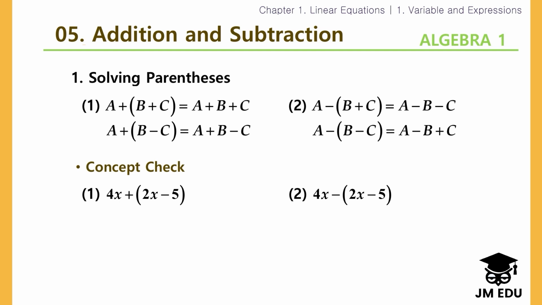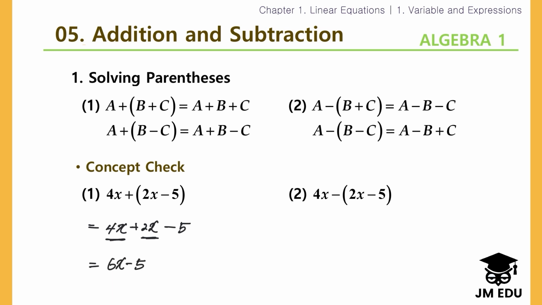So we have 4x plus parentheses 2x minus 5, right? If it's a plus, that's just 4x plus 2x minus 5. Like terms, 4x, 2x. 4 plus 2, that's 6, so 6x minus 5.